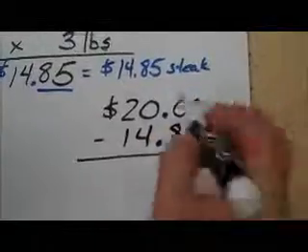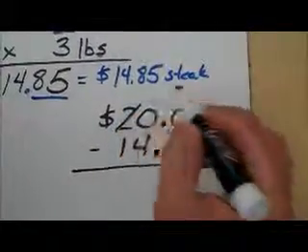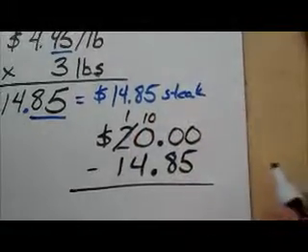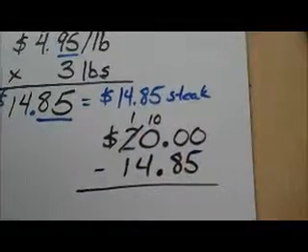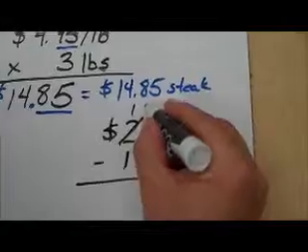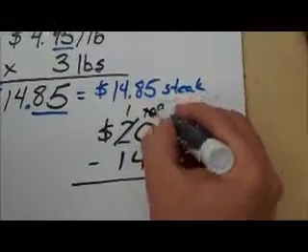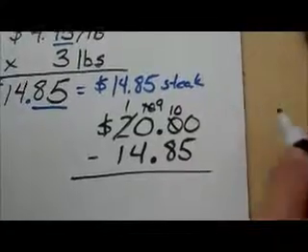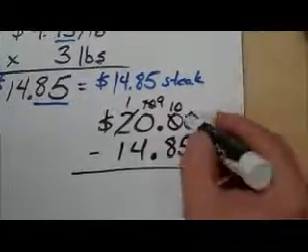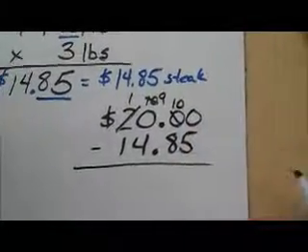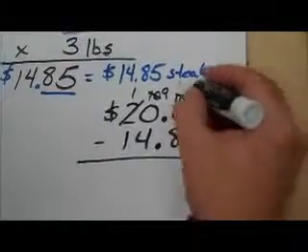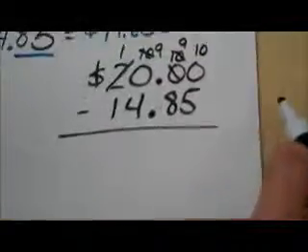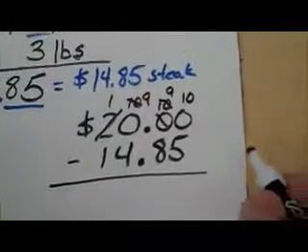I've got to go all the way over to my 2 tens, which is 20. Now I'm left with 1 10. Now I have 10 ones. But I still cannot subtract all this out, so I must borrow again. Now I have 9 ones, but now I have 10 tenths, which is the same as 1 whole. But I still can't go yet, so I need to borrow for these 10 tenths to give us these 10 hundredths.